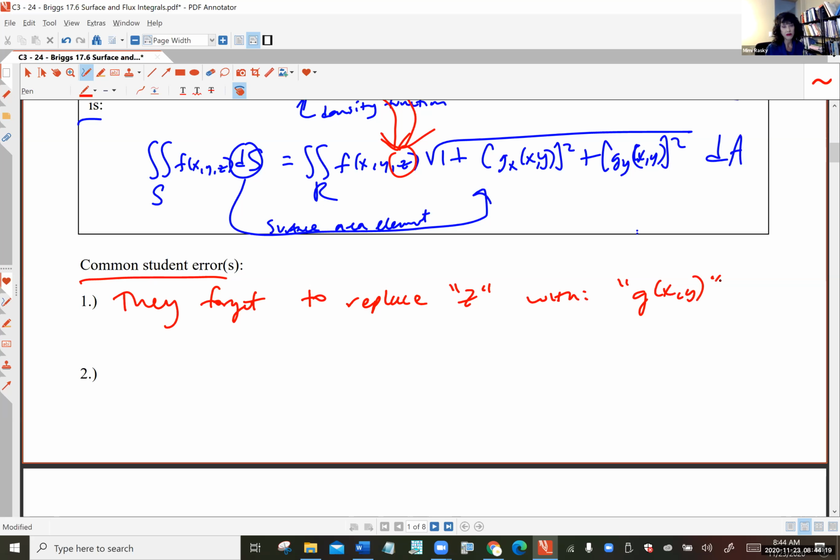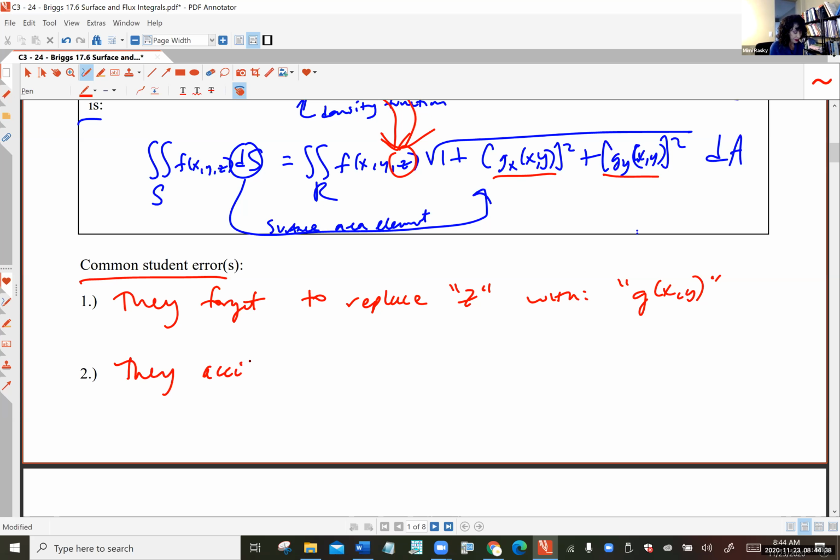So that's one error. Another mistake that I see is they accidentally use the density function's partials when they're doing this big radical with the capping surface partials. I'll write that down.